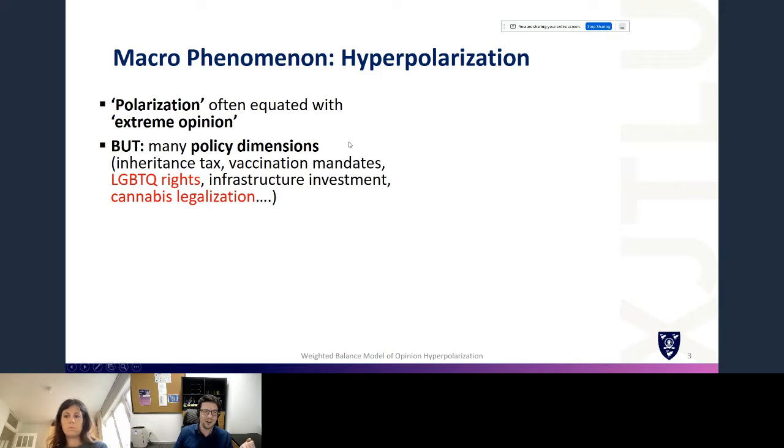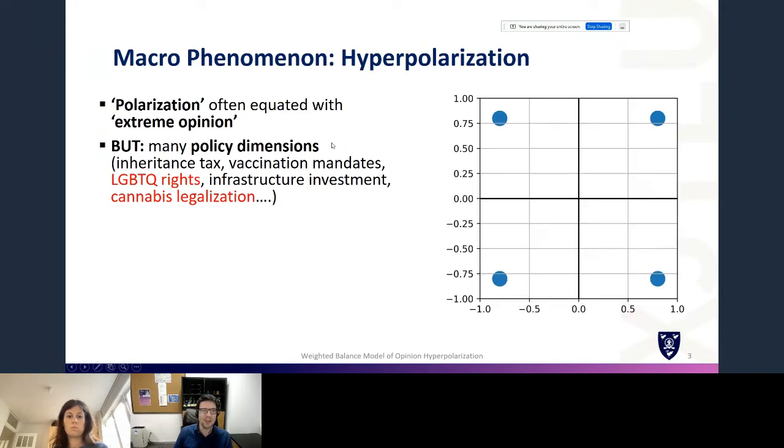And usually also most of these models only take one single policy dimension into account, or an ideological dimension. But of course, politics consists of many, many different dimensions. Like we have debates about inheritance tax, vaccination mandates, gay rights, infrastructure investment, etc., etc. So there's a plethora of different policy dimensions in politics.